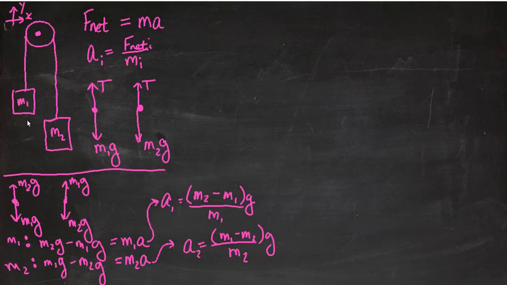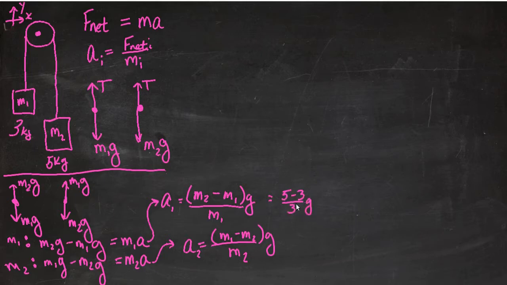So let's suppose these were, say, 3 kilograms and 5 kilograms. Then I would have what? 5 minus 3 over 3 times g.